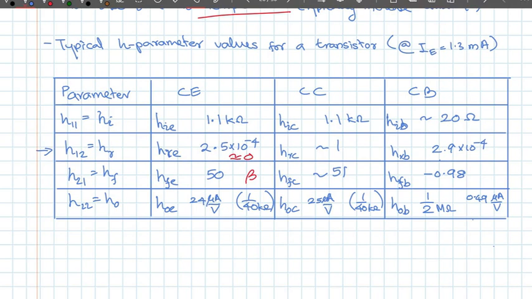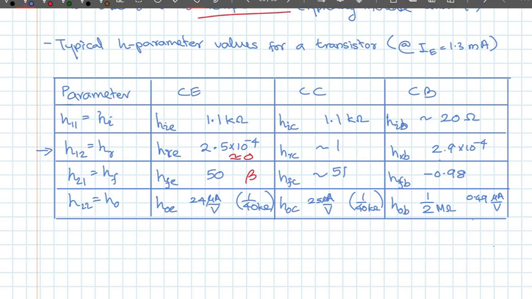If you go back and see, you will see that common emitter has about 1 kilo ohms input impedance, just like common collector, and the current gain was about 15 for both of these, and output impedance was also like this. Whereas in the common base, we had a low input impedance of 20 ohms and very high output impedance of 2 mega ohms. So in that particular case, it's a simplification of this H parameter model that we looked at.